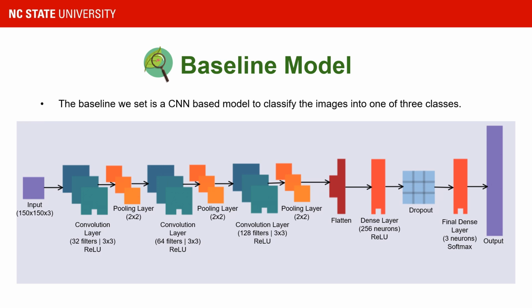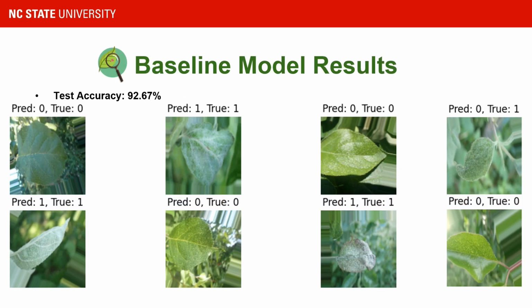Finally, through the output layer, we get our predicted results. And here comes the testing accuracy of our baseline CNN model, 92.67%.